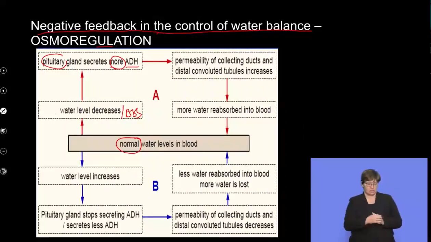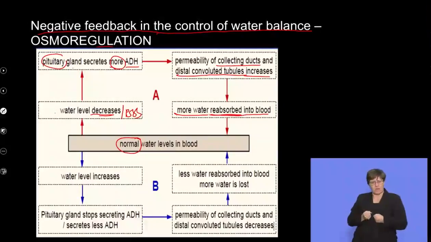Permeability of collecting ducts and the distal convoluted tubules will increase so that more water is reabsorbed, because water decreased. So we need more water. So more water will be reabsorbed into the blood. Then immediately when more water is reabsorbed into the blood, water will go back to normal.